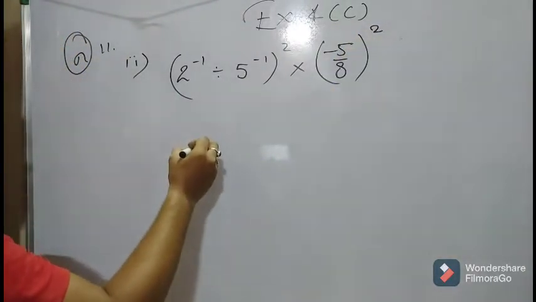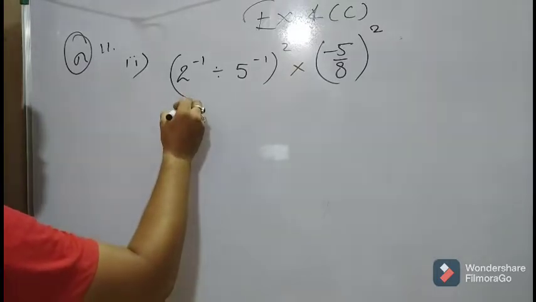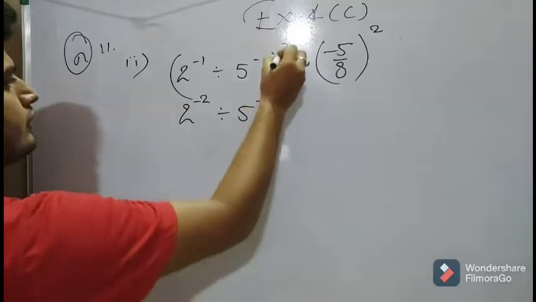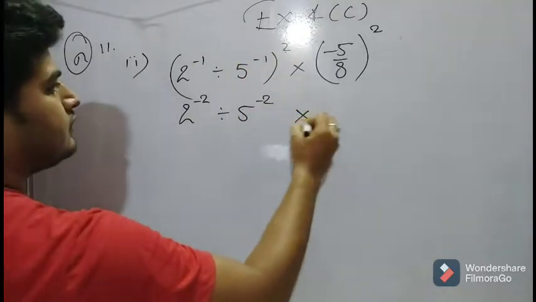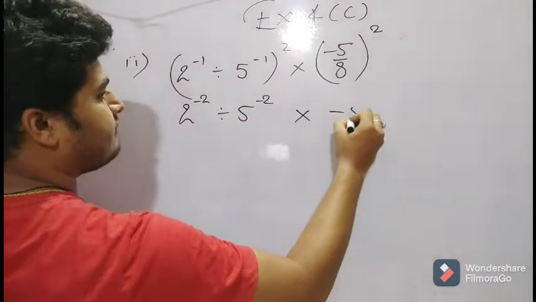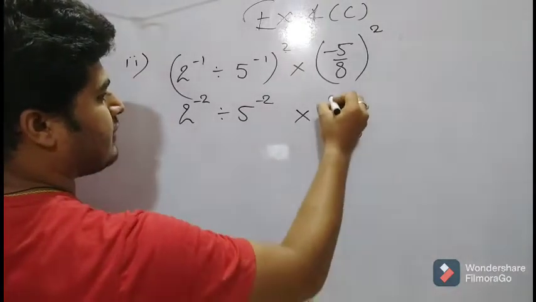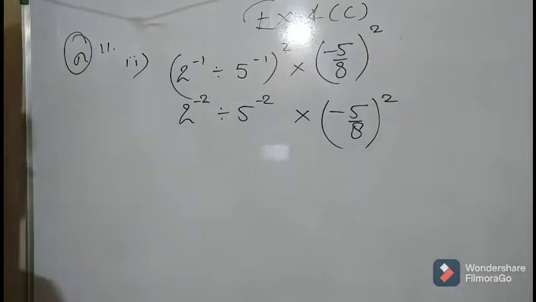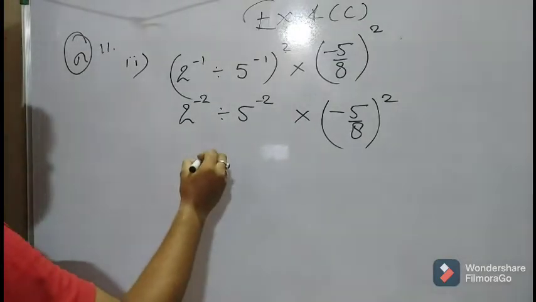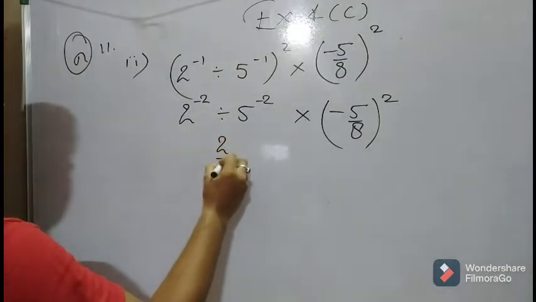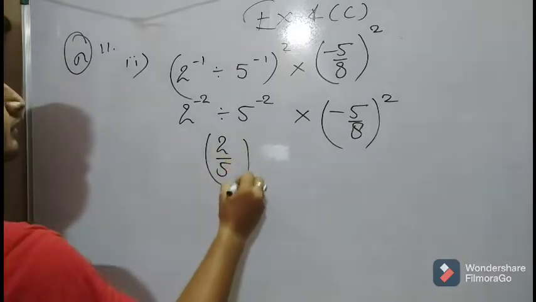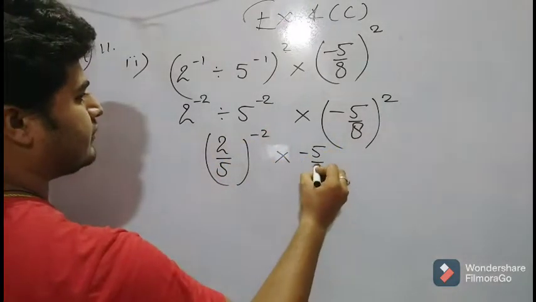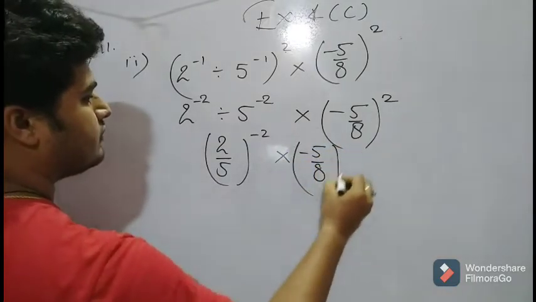So 2 power minus 1 divided by 5 power minus 1, you can write as 2 power minus 2 divided by 5 power minus 2. This 2 will be multiplied to both of them, and this will become minus 5 by 8 to the power 2. Now this can be written as 2 upon 5 whole to the power minus 2 multiplied by minus 5 by 8 whole to the power 2.